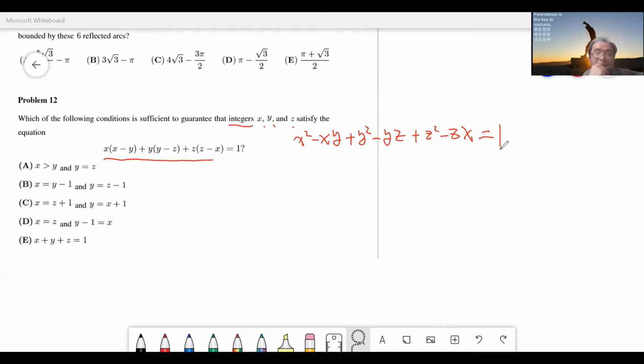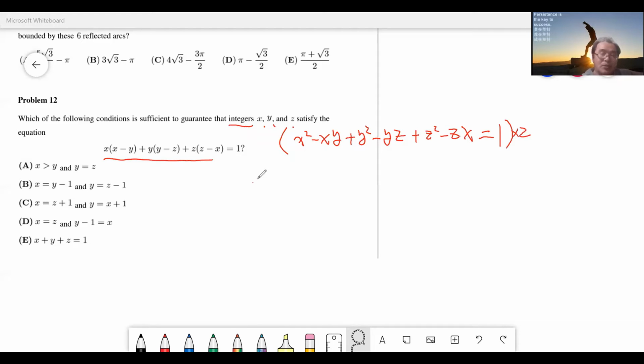Now you're going to see a very interesting algebra manipulation: we find the perfect squares. Before we do that, we multiply the whole expression by 2.